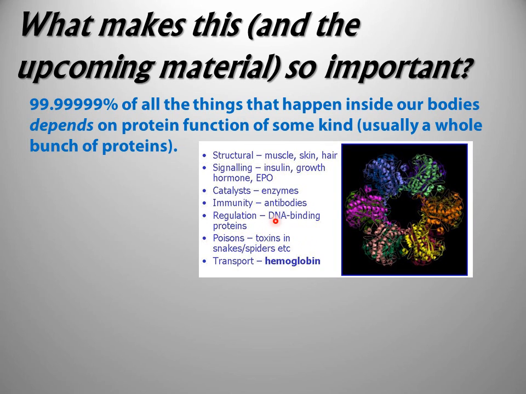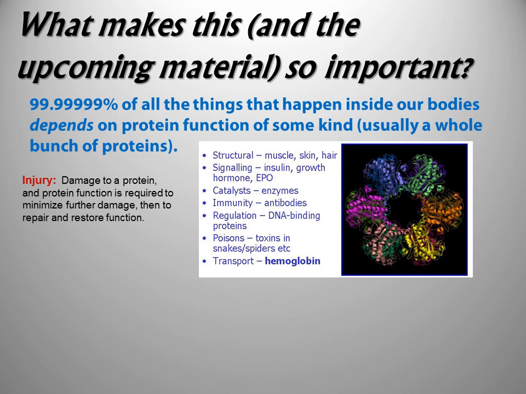Making cells what they are. For instance, a muscle cell is not the same as a skin cell. So we have to regulate which proteins are expressed in order to give cells their differing functional roles and differing identities. Proteins serve as toxins, okay, in spiders and venoms and so forth, and in transport. There's all sorts of things out there.